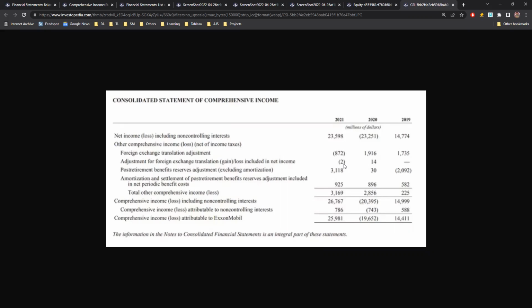They have lost about $2 million here, and then they have a translation adjustment. I'm not exactly sure what it is, but they have a loss of $872 million, and then the majority is coming from the post-retirement benefits reserves adjustment. They have gained something about $3 billion here, all of which accounted to $3.1 billion.